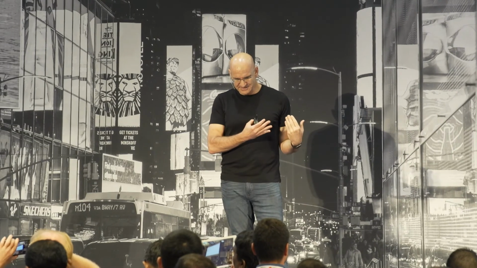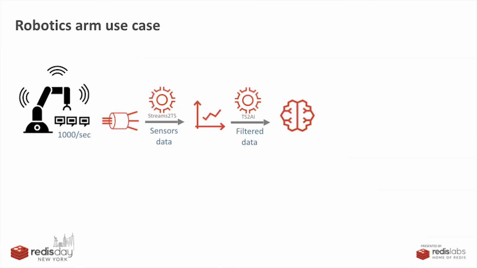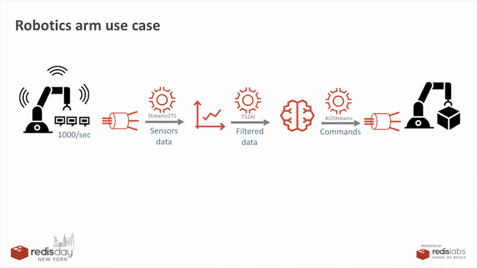And this guy created a gear that takes the messages from stream and put it in time series in order to filter the messages. After they filter the messages, they send these messages to Redis AI using TensorFlow in order to generate commands to the robotic arms.